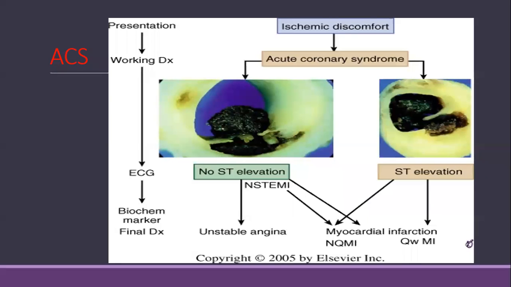Acute coronary syndrome is the initial diagnosis you make in the initial minutes or hours of presentation, when you think this patient has chest pain that is most likely due to ischemia. Depending upon the patient's age and risk factors, you decide that this pain is related to ischemia and most probably to the coronary arteries.